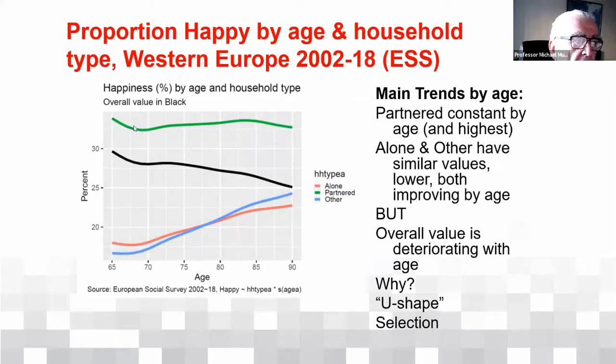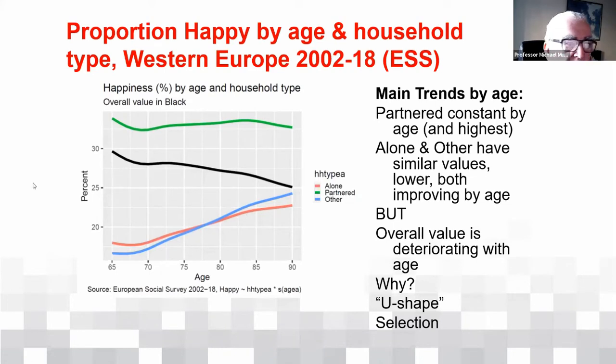Firstly, those who are partnered are essentially constant. They have higher values than other people, but that remains relatively constant. The other two groups, those living alone and not partnered, actually show an improvement in happiness over time from age 65 up to age 90. So we find that the overall value declines, but each of the components either remains constant or increases.